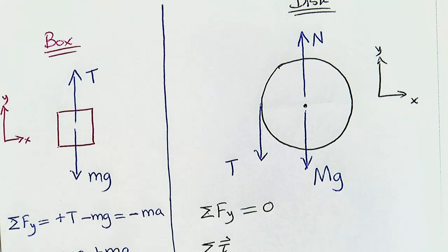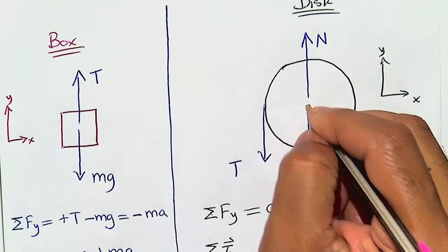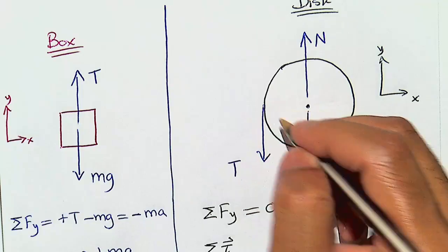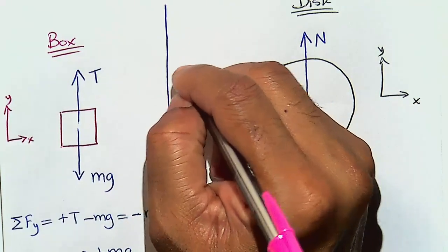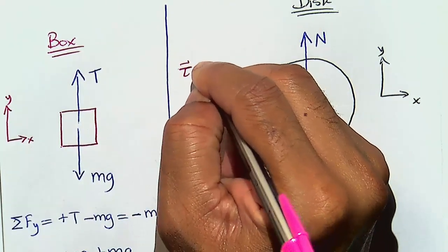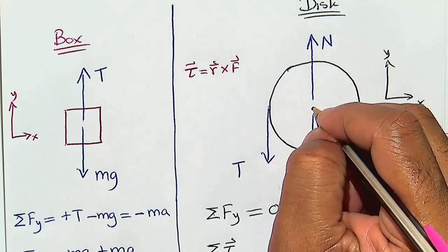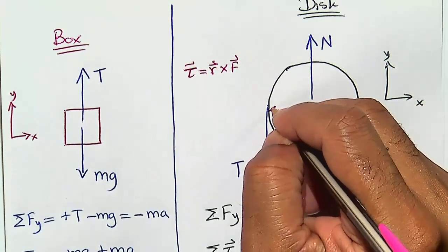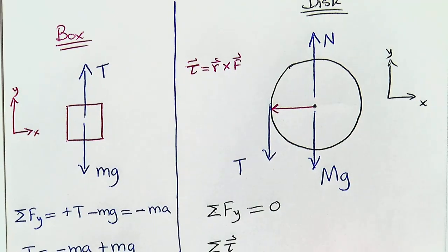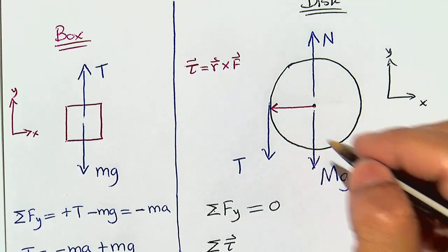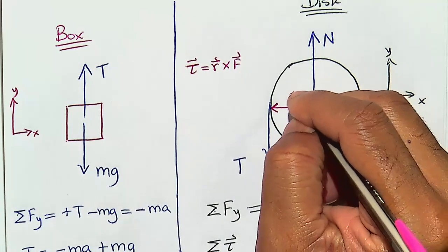And if you pick that point, what do we do for R cross F? Remember that torque is equal to R cross F. You have to do the right-hand rule. So here's our R vector.